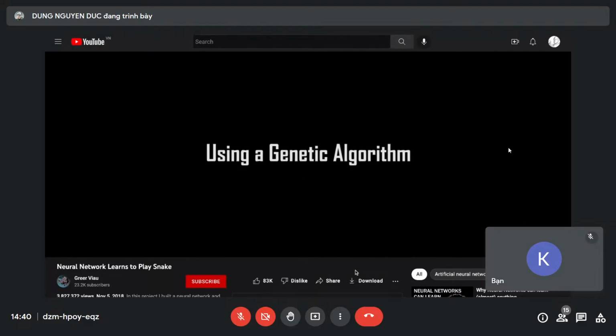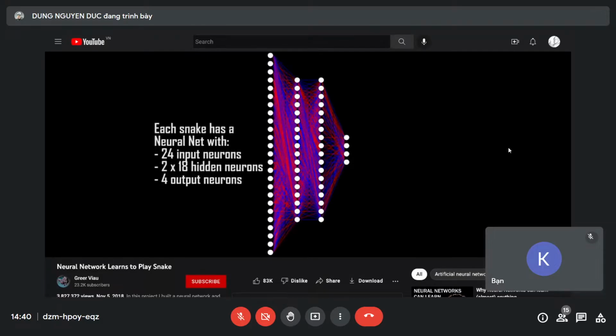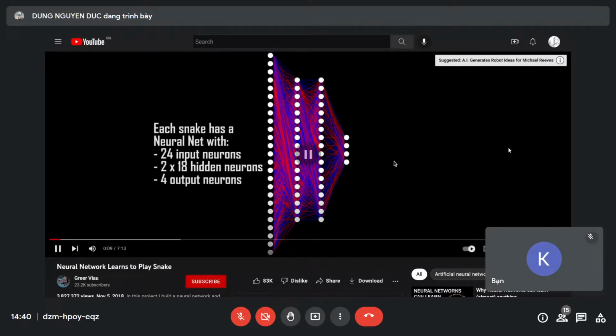So we are going to use genetic algorithms in this application. And what you see here, let me explain a little bit. They will define a simple neural network like this one with some input and some output. So what is the input? The input will be 24 input neurons, which are 24 observations you may have of the snake. And there are two hidden layers.